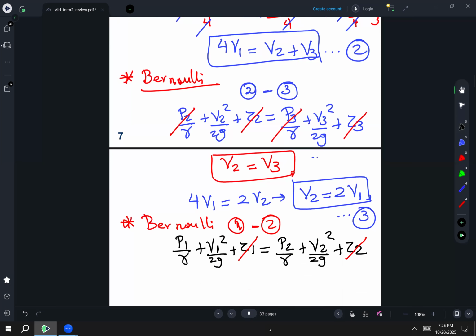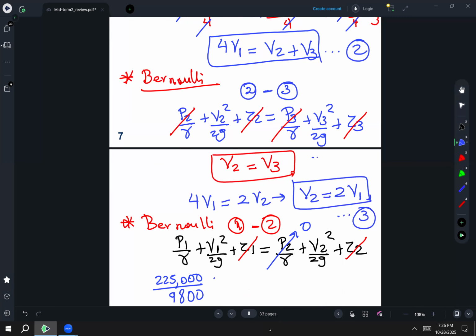Pressure in 2 is equal to atmospheric, so this will be 0. And the pressure in 1 is 225 kilopascals, so it means 225,000 pascals. And the value of gamma is 9,800 or 9,810, they're pretty much the same.